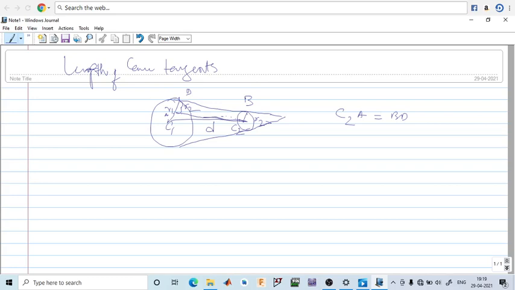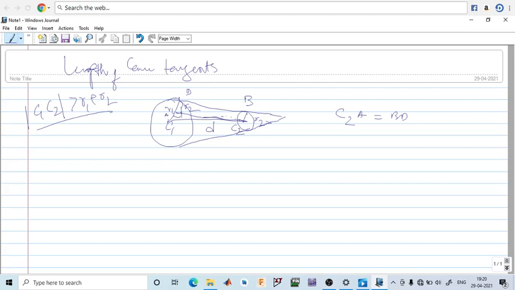We are considering this case. Then C1C2A is a right angle triangle, right angled at A, as I have considered this one is a rectangle.